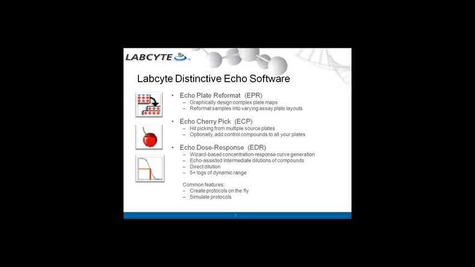And IC50 can be generated in multiple directions, so synergistic interaction can be evaluated. Dose Response software can also be used for direct dilution to eliminate mistakes and carryover from serial dilution. Our software helps simplify Echo's application by guiding the user through key decisions.